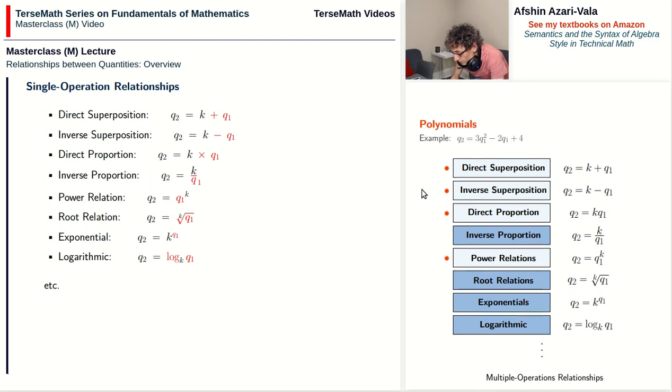An example is Q2 is equal to 3Q1 to the power of 2 minus 2Q1 plus 4. You notice that Q1 is being multiplied by here. The term that Q1 is part of is being subtracted. In term number 1, Q1 is going to the power of 2.